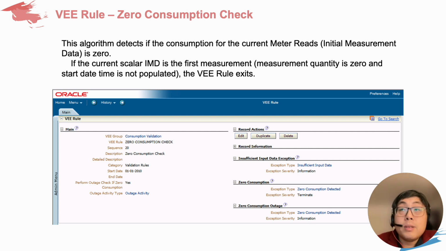The consumption being zero means my current reading is the same as the last reading, so the reading hasn't changed and the consumption stays at zero. Let's be very clear on what we mean by the reading and what we mean by the consumption.